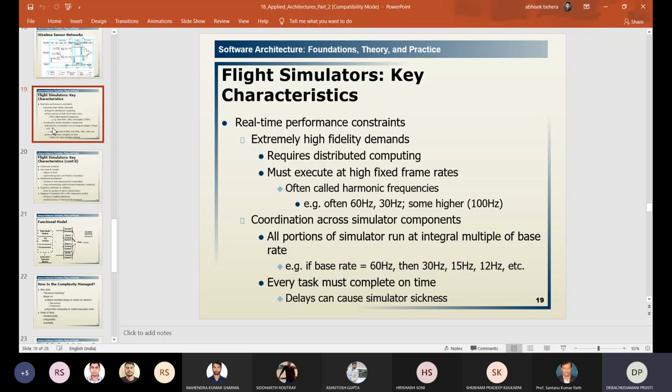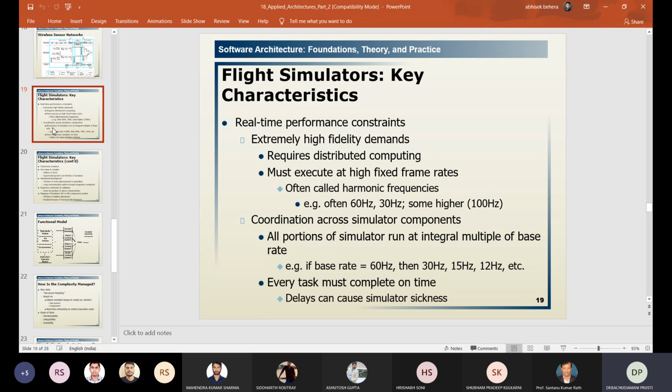What are the simulator components? They are integral multiples of the base rate. If the base rate is 60 Hz, then 30 Hz and so on are the simulator components here. So it should be in multiples of the simulation.